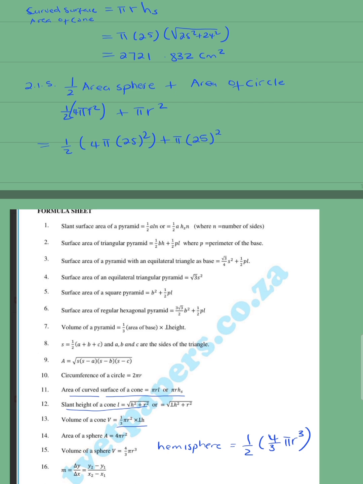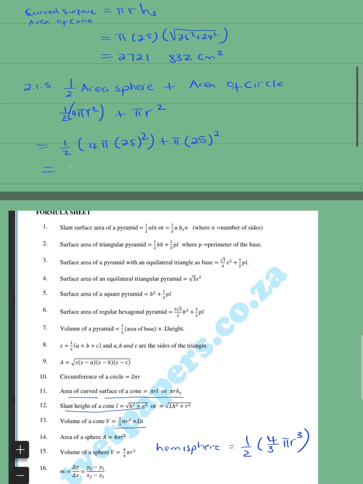All right. One would ask, why is the cone not included? That's because the cone does not form part of the outside. The outside is just the hemisphere and the circle on top.